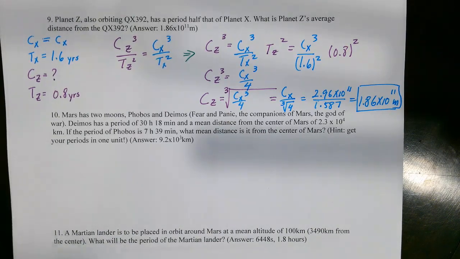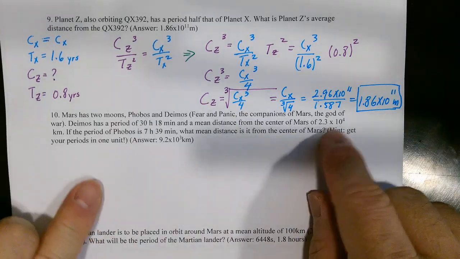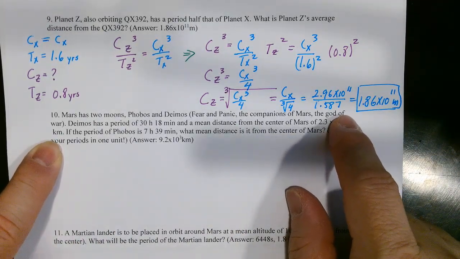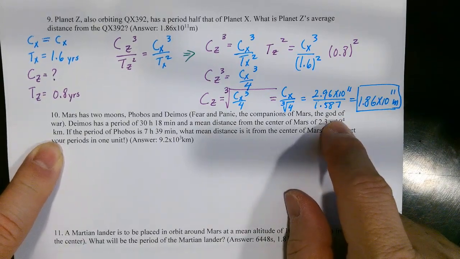Deimos has a period of 30 hours and 18 minutes, and the mean distance from the center of Mars to Deimos to be 2.3 times 10 to the fourth kilometers. So they have minutes and kilometers as the unit, okay? So keep that in mind.